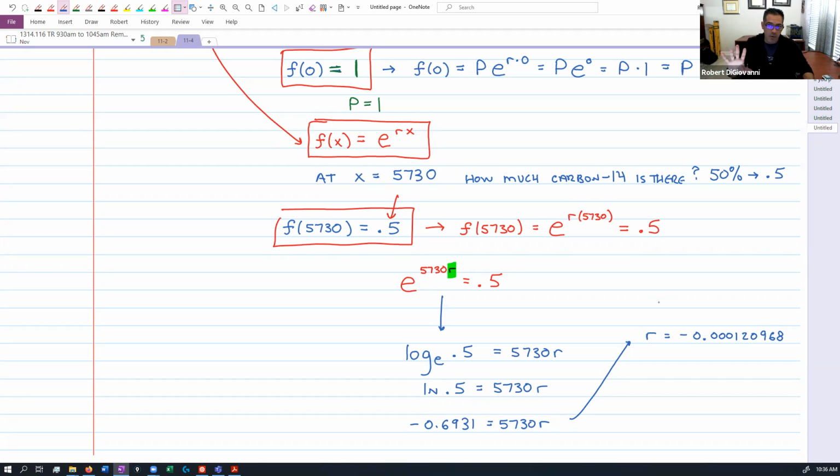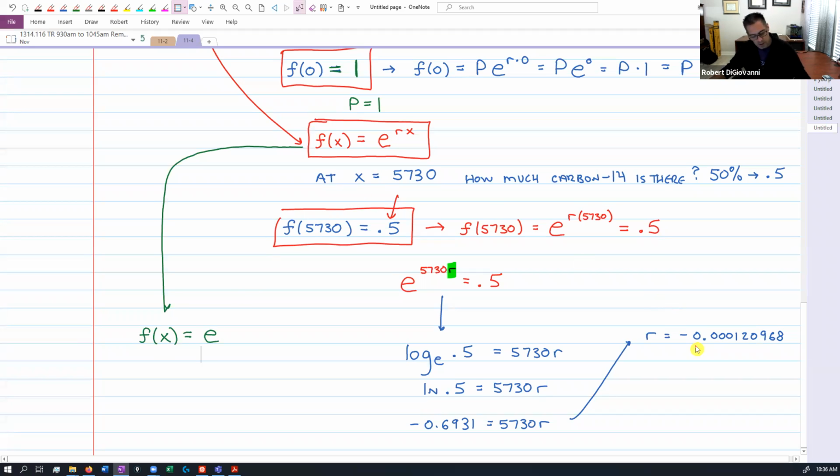We're almost there. We're not answering the question yet. We're almost to this final thing that I'm going to give you, and then we'll be able to answer a question. So here's what I know about my function. My function is equal to e, but now I know what r is, don't I?